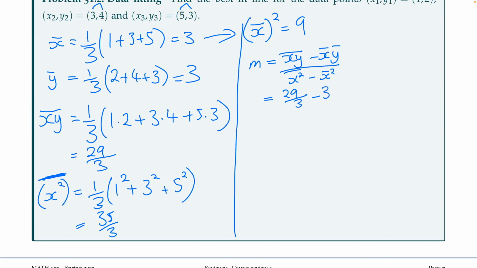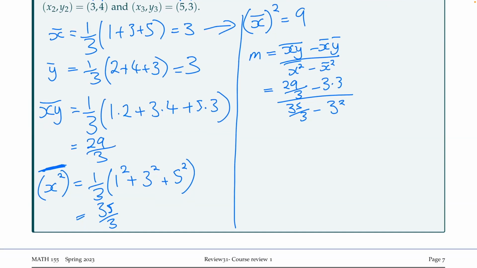So yeah, it's just 3 times 3. Mean of the squares is 35 over 3, and the square of the mean is going to be 9, which I'm actually going to write as 3 squared. The reason I'm going to write that as 3 squared is because we have lots of 3's in here, so we can do some cancelling.